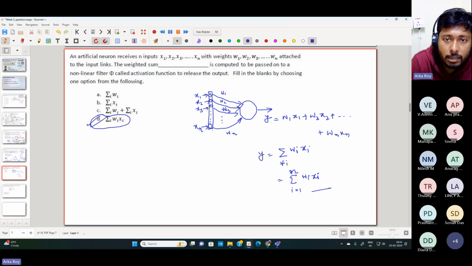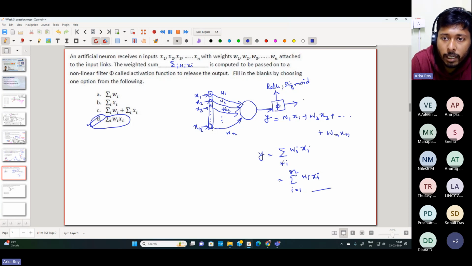And what it basically says is that the weighted sum, summation Wi xi, is computed and passed on to a nonlinear filter. That means this is where you get y, and then you have a nonlinear filter. Let us consider this nonlinear filter could be a ReLU function. It could be sigmoid. It could be threshold also.